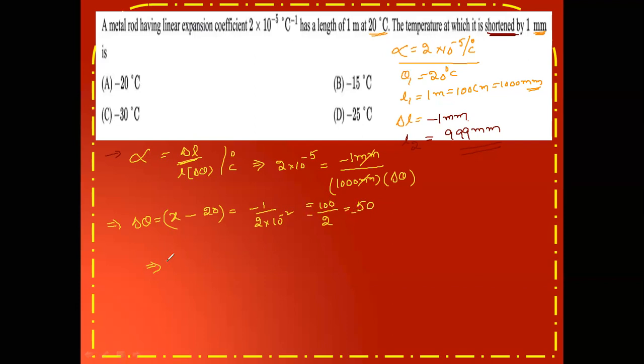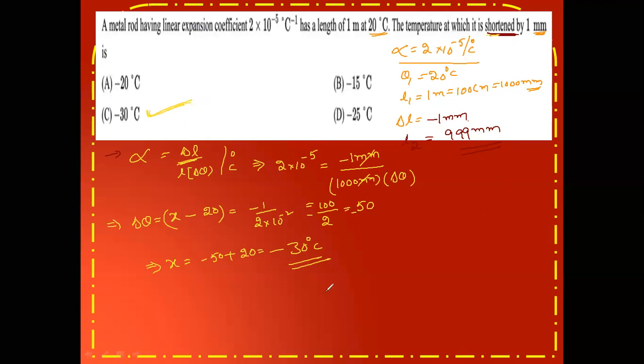So if you want to find the x value, where x is the final temperature at which the length is shortened by 1 millimeter, that equals minus 50 plus 20. This is equal to minus 30 degrees Celsius. So option 3 is correct. In this problem, the important point is shortened by.